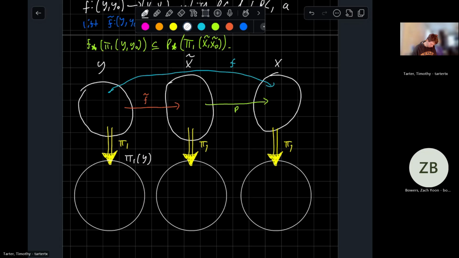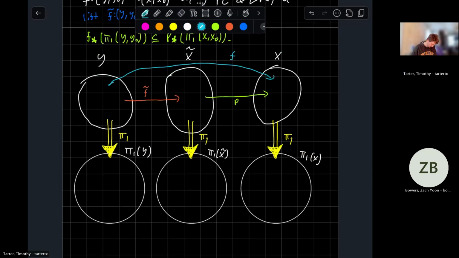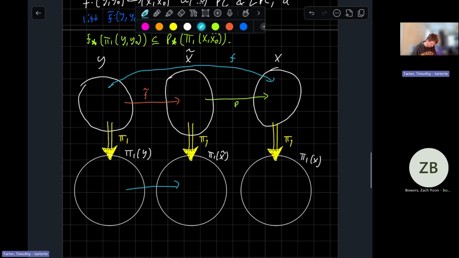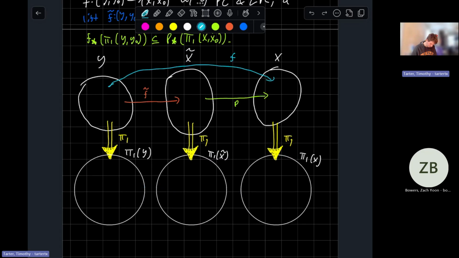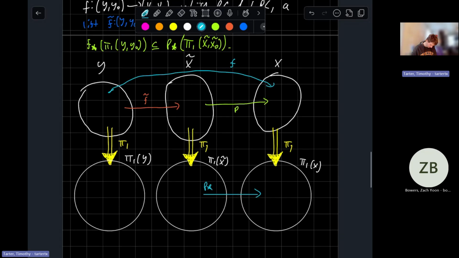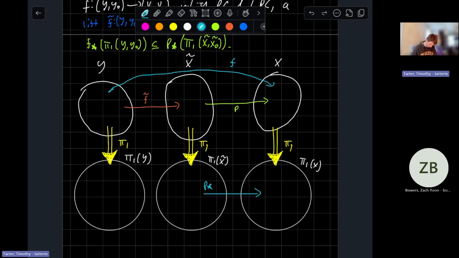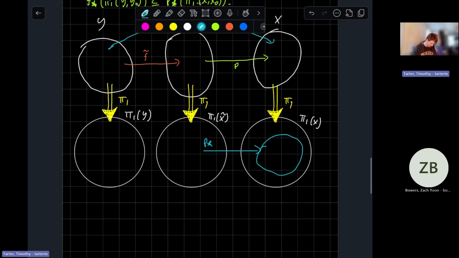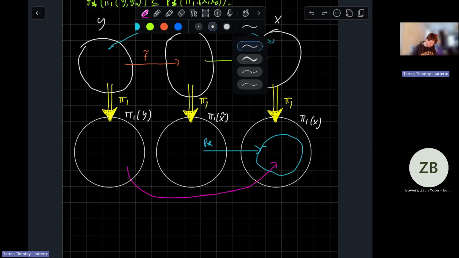That if this is pi1 here and this is pi1 here, that F star, so if this is P star, goes here, that, and I'll put this as this lands.